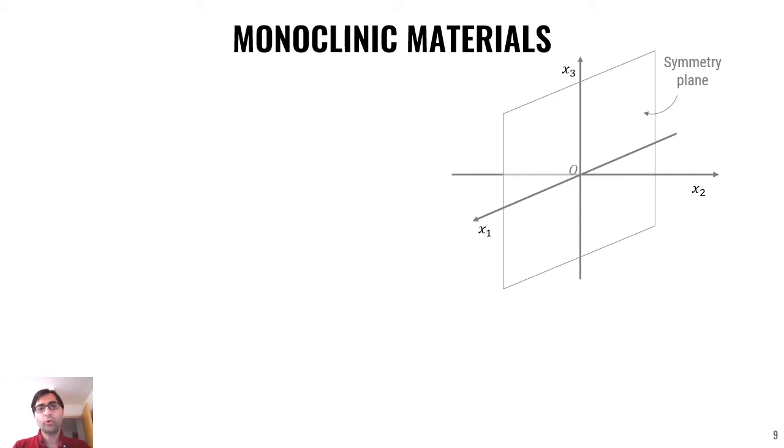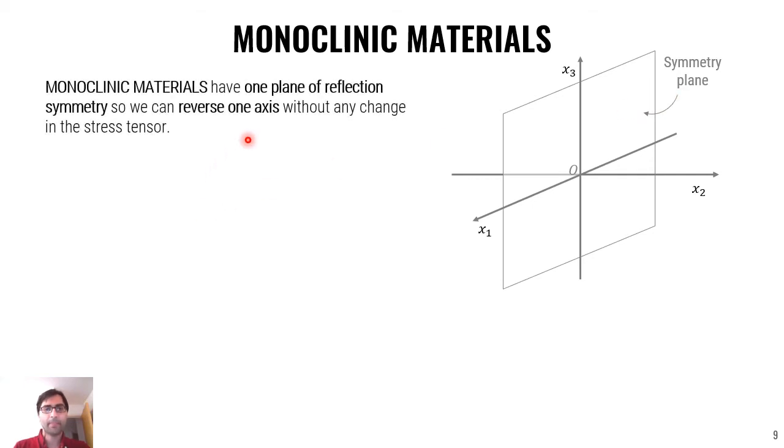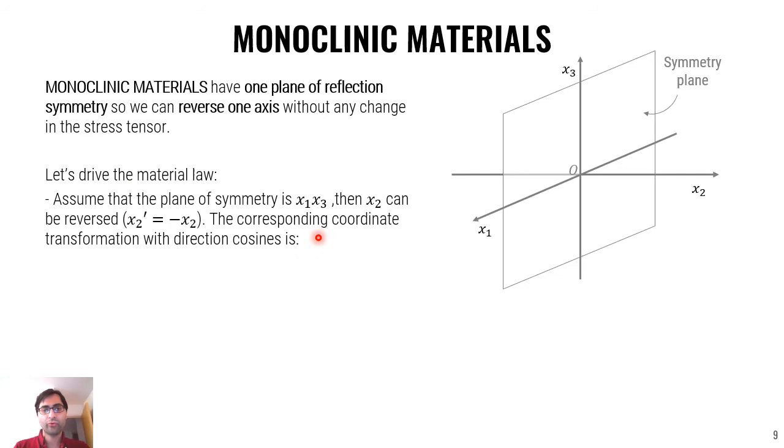We start with monoclinic materials. It has one symmetry plane. So we can reverse one axis without any change in the stress tensor. Let's derive the material law.